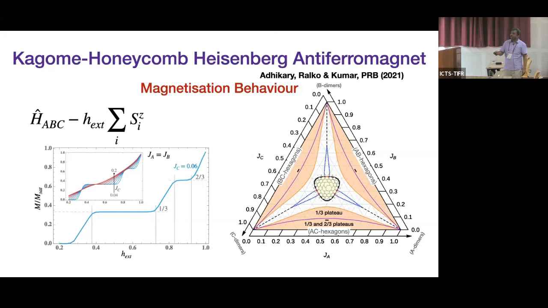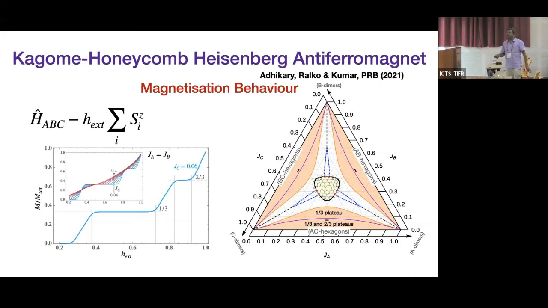And it also clearly exhibits, for instance, if you look at this bunch of lines, the blue line shows two plateaus, but as you increase JC, coming from this side, this is 0 JC, and this line is going towards JC1, you first lose the 2/3 plateau, and then eventually you also lose the 1/3 plateau.